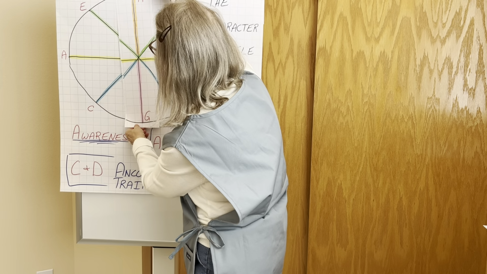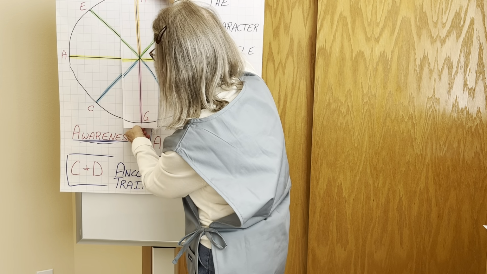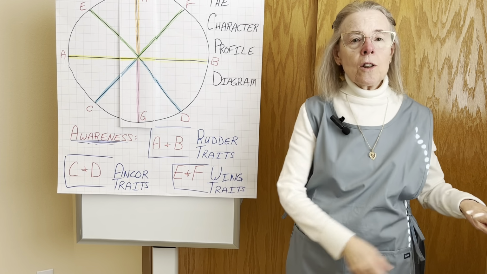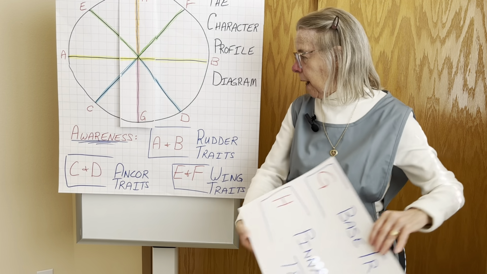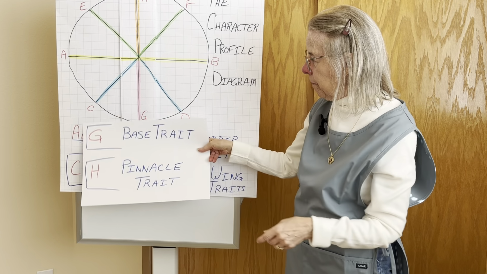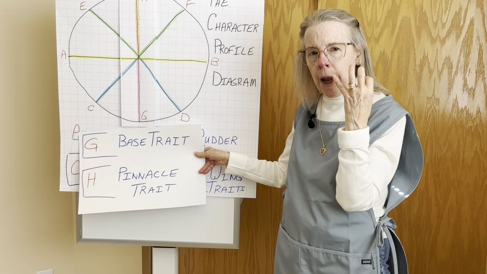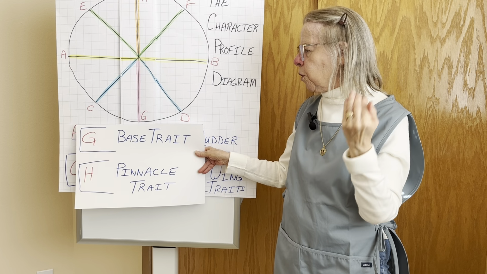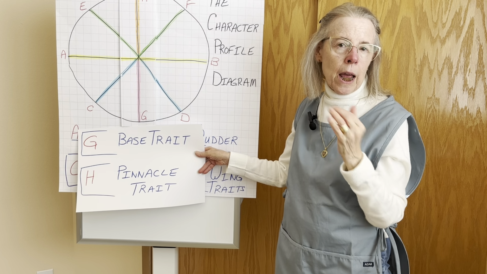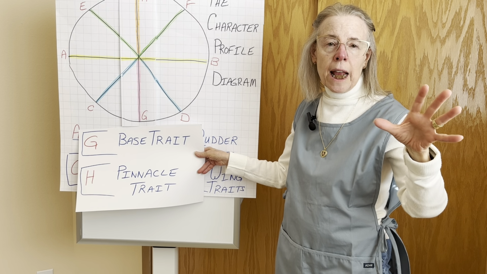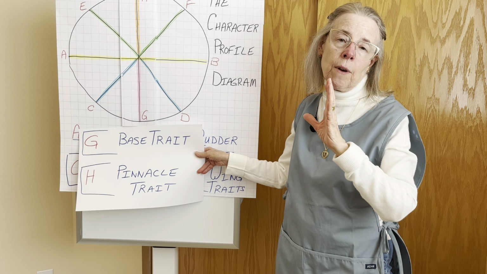We have 2 new positions. Ta-da! We have G and H. So what are G and H? Character position G we'll call the base trait. This trait is so firmly established in our character that there's virtually no chance that the character is going to wobble on that trait.